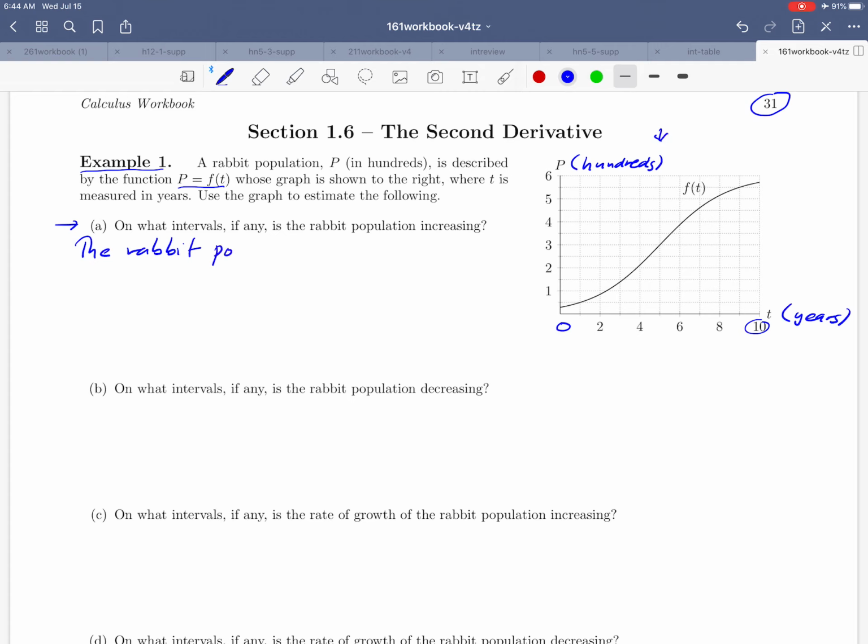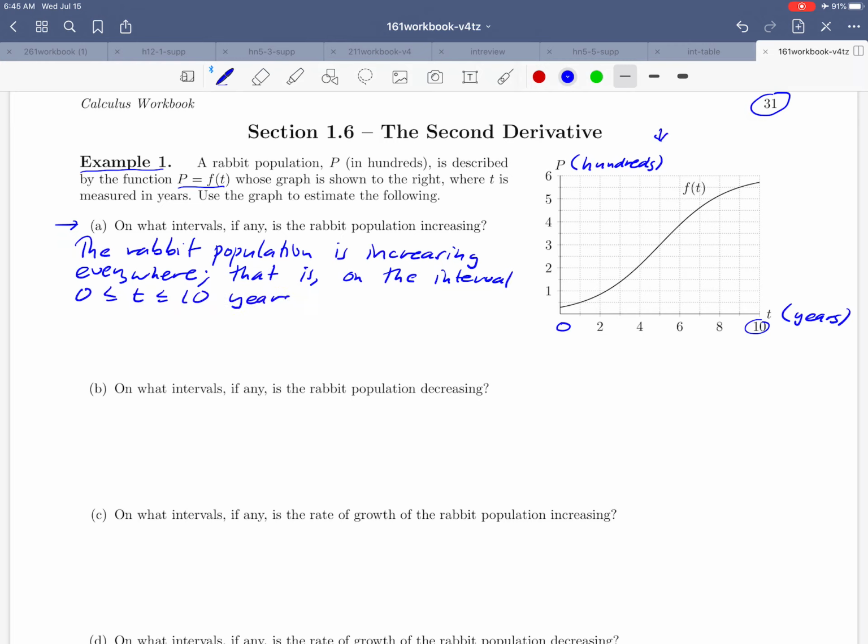Let's write that down in words. On the interval 0 less than or equal to t less than or equal to 10 years. That's the entire time interval we're talking about for our graph.